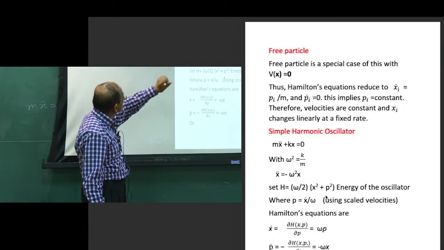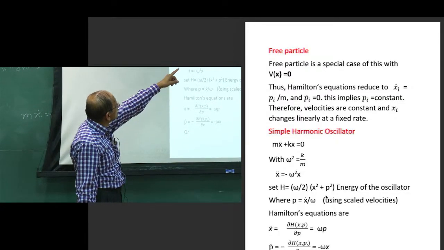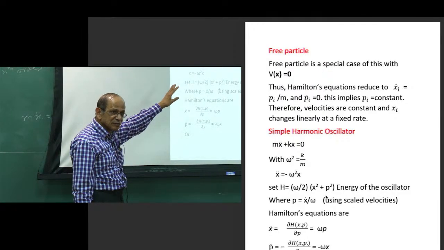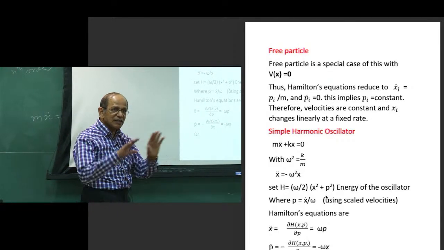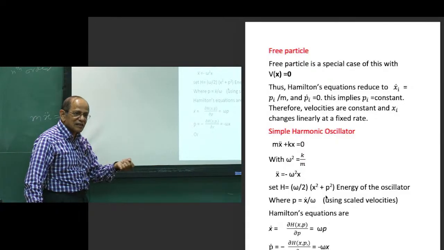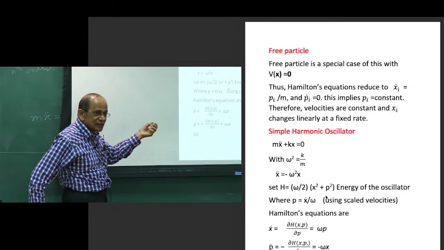Therefore, velocities are constant, and how do the xi's change? Look at the first equation, xi dot is Pi by m. Pi is constant, therefore, the right hand side is constant. As a result, xi dot is a constant, and therefore, xi evolves linearly at a constant, fixed rate.